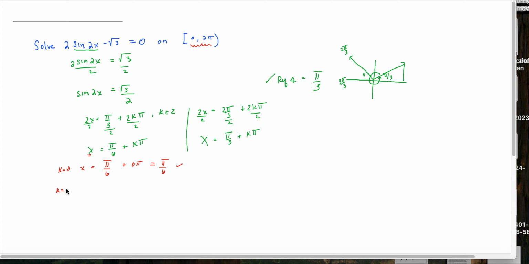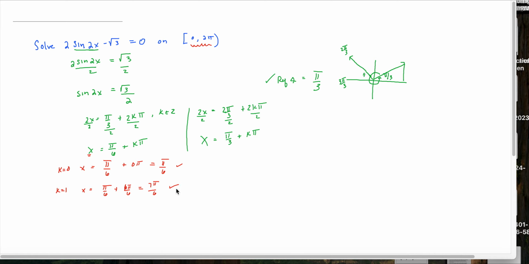Well, when k is equal to 1, then x is equal to pi over 6 plus 1 pi. Okay, so think common denominator. If this is 1 pi, I can think of that as 6 pi over 6. So that would give me 7 pi over 6. 7 pi over 6 is still less than 2 pi. So that's still within the interval that I'm solving.